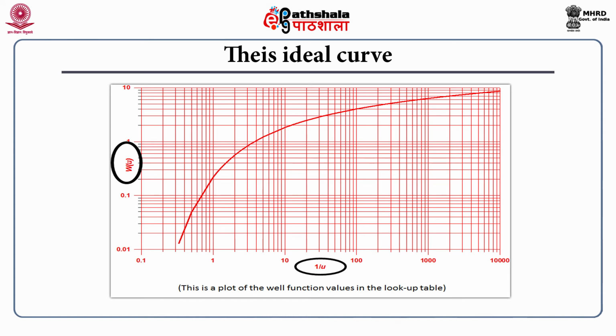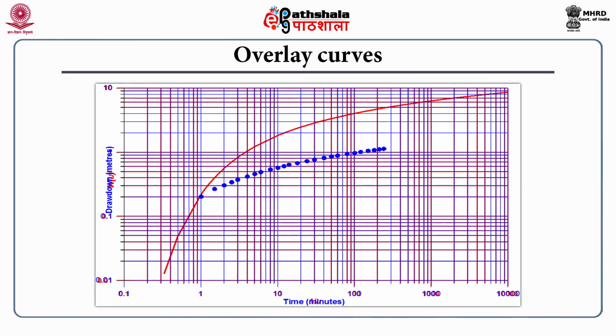Here the well function is there on the y axis, and the auxiliary function, that is the inverse of the auxiliary function 1 upon u, is on the x axis. Now, we can overlay these two curves. So, this solid red line shows the type curve, and the blue dots are the data curve which has been obtained from the field.